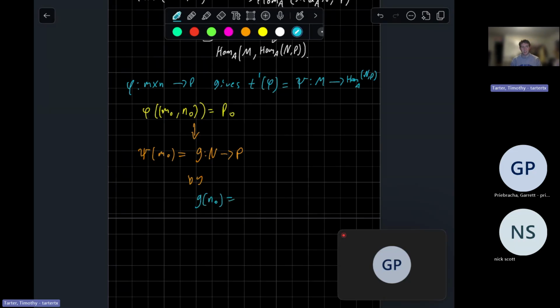And then that gives us a bijection. Is that clear how that ends up being a bijection by construction? Yeah.